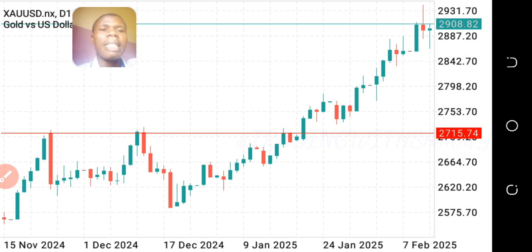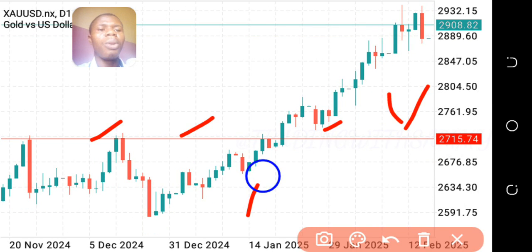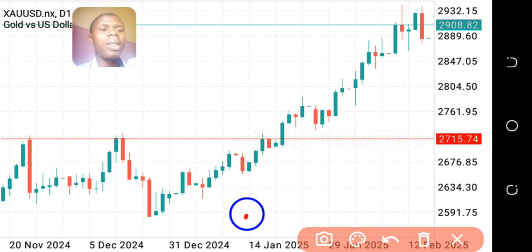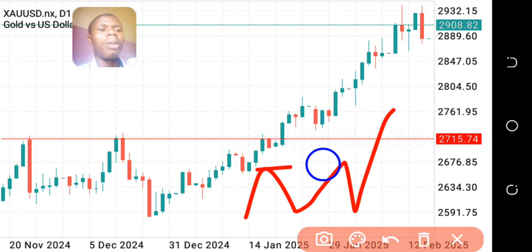So this is a simple concept that you can understand: we want to see price give us a break from a resistance level, and the resistance turns into a support.